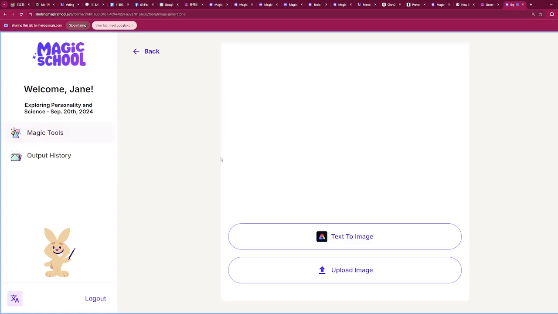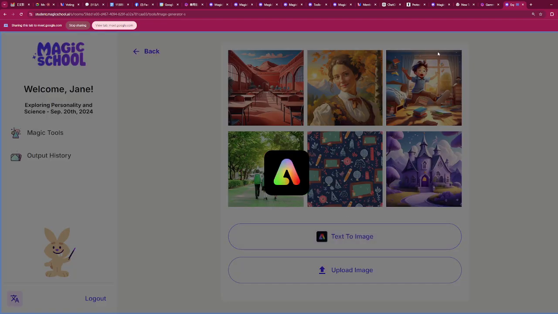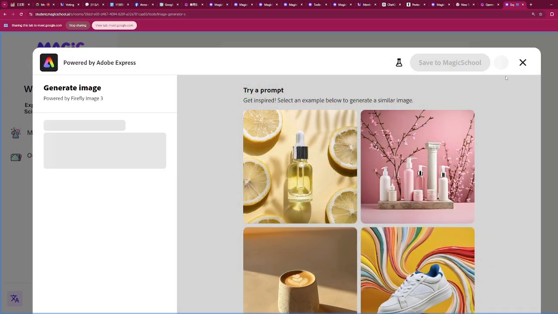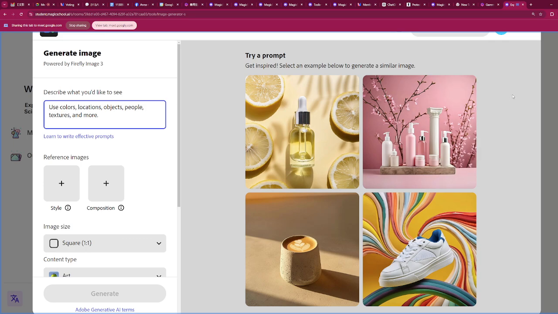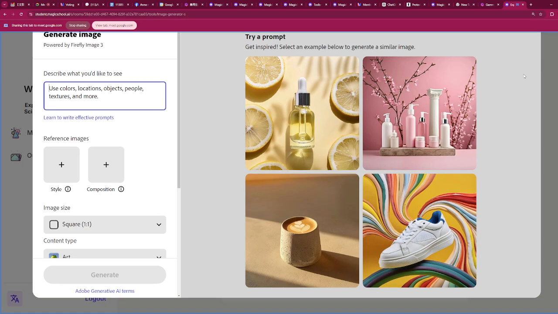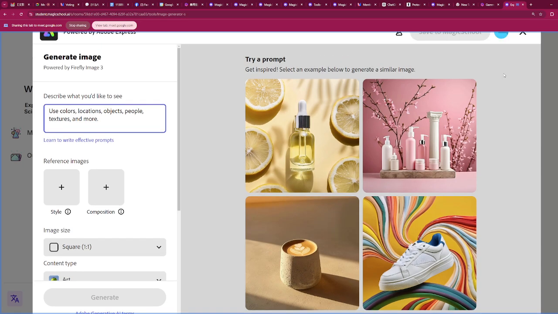For example, I would like students to be able to illustrate the personality types through an image. For example, how do you help students generate an image that shows that you like to help? You're very kind and you're helpful, and you like to help others.